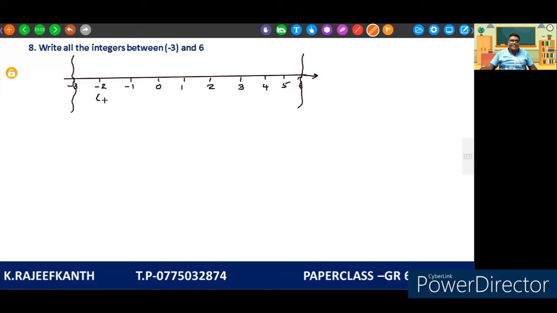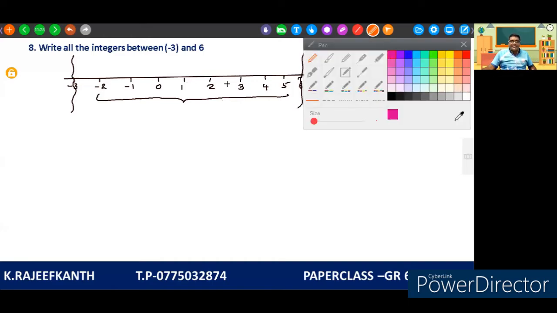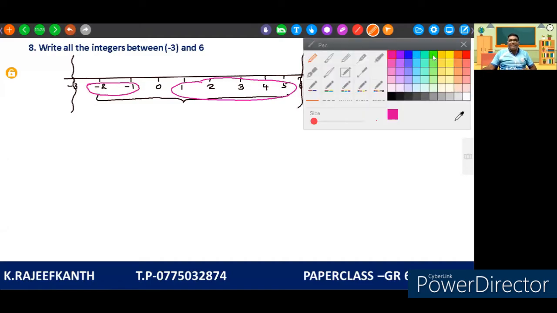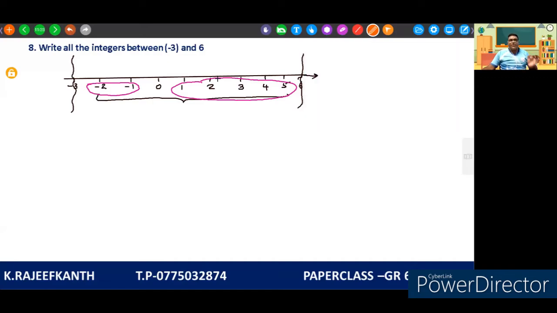In the integers we can write positive integers and also negative integers. These are the positive integers, and these are the negative integers. But the question is, we have to write the integers, so we have to write positive and also negative.